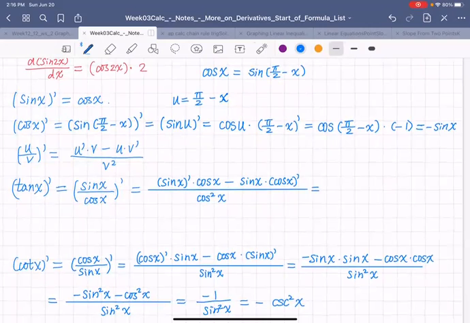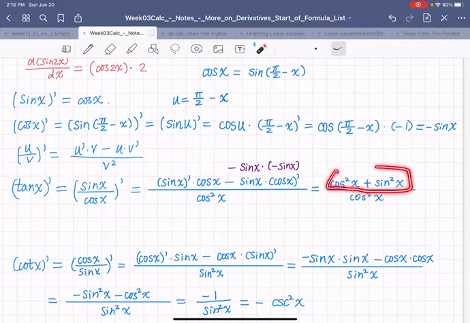Equals. You know sine x prime is cosine x, and you know cosine x prime is negative sine x, so it becomes cosine squared x plus sine squared x over cosine squared x. This is minus sine x times cosine x prime, which is negative sine x. Negative sine x times negative sine x is positive sine squared x, and then divided by cosine squared x.